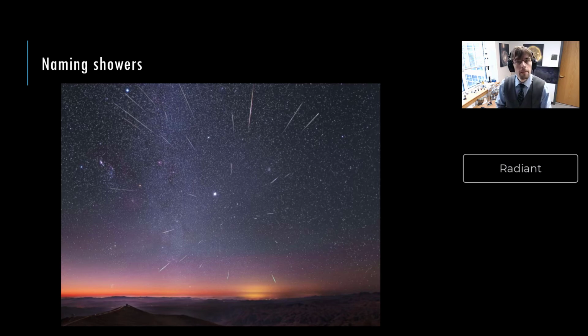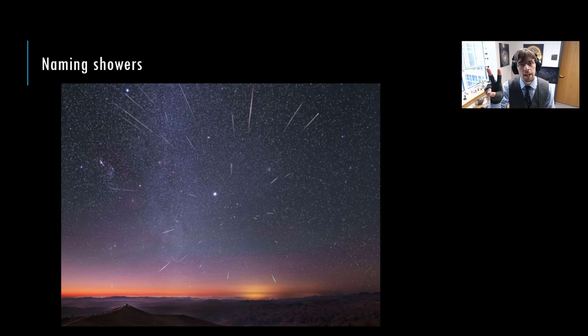And the trick is, a meteor shower is named after the constellation from which the radiant appears. So, number 1, locate the radiant. Where in space do these meteor showers appear to originate? Number 2, identify the constellation. And then number 3, add like IDS on the end.